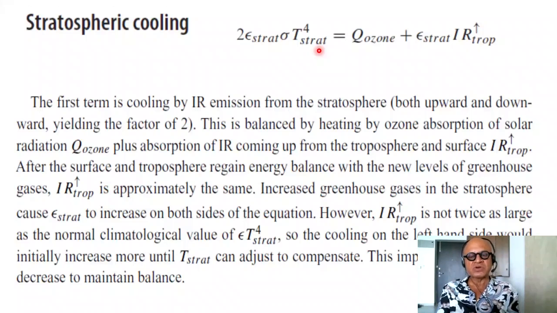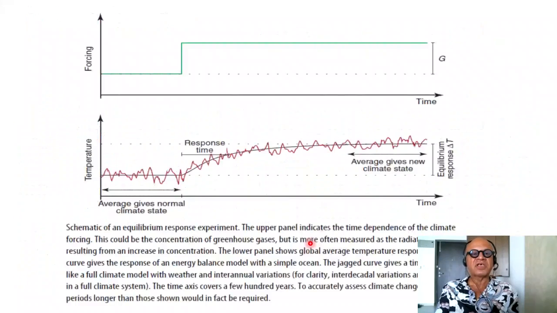Make sure you understand that this explanation is similar but worded a little bit differently, but the idea is that you expect increased greenhouse gases and tropospheric warming to lead to a stratospheric cooling.